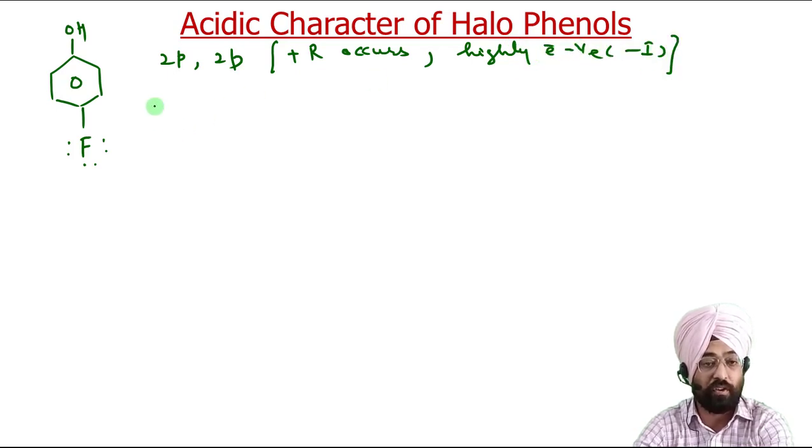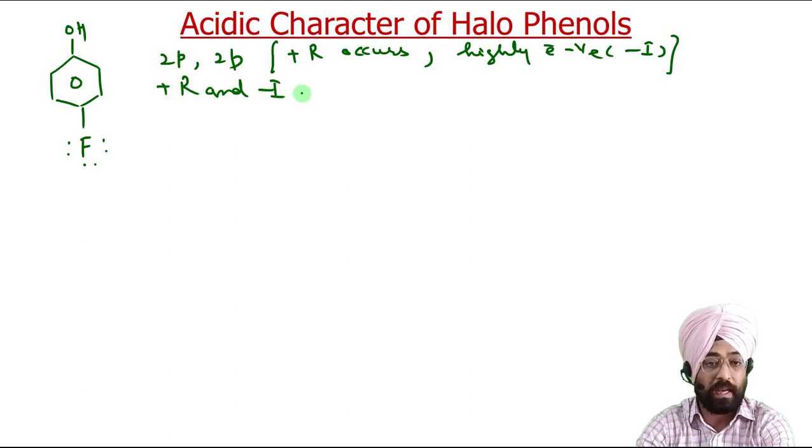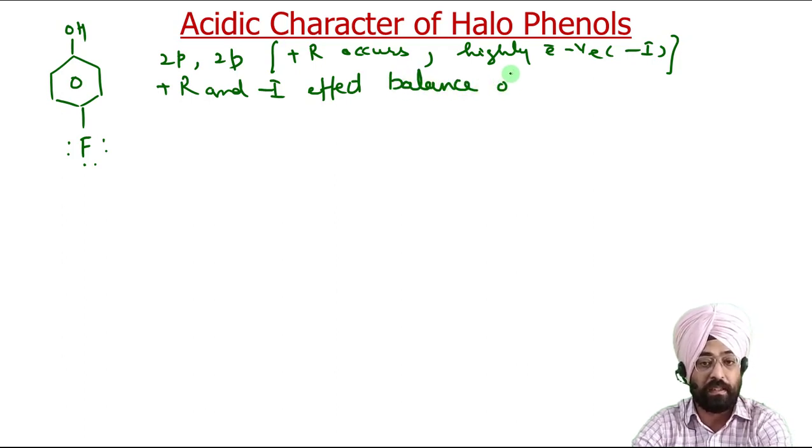So in case of fluorine, plus R and minus I effect balance each other, because both are occurring in different directions.